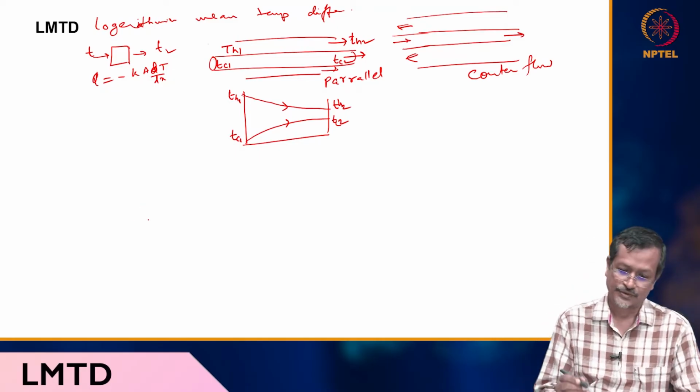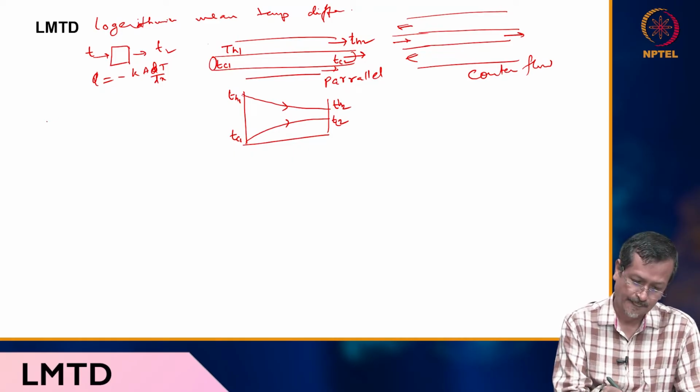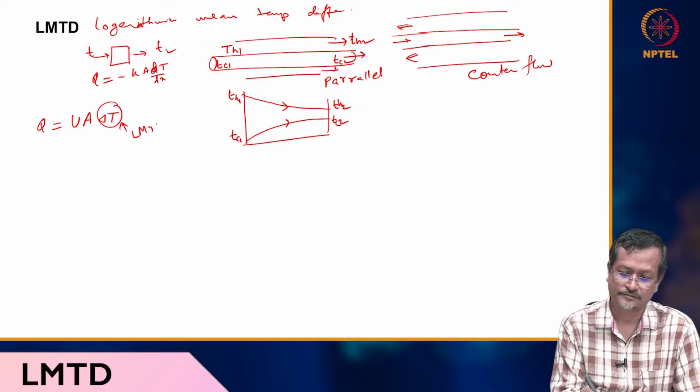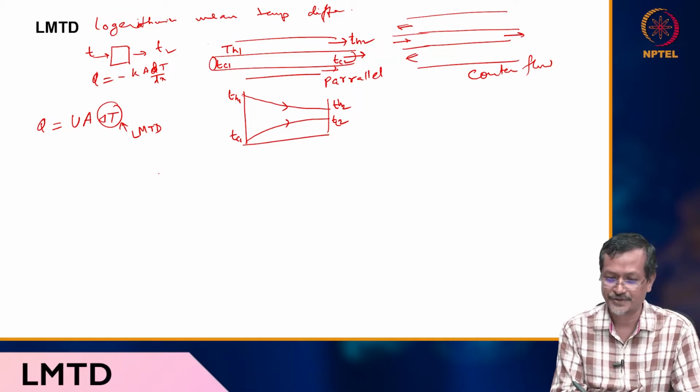In this case the formula becomes Q equals U A delta T, where delta T becomes the LMTD, the logarithmic mean temperature difference.